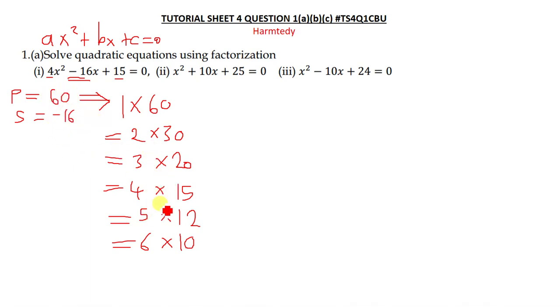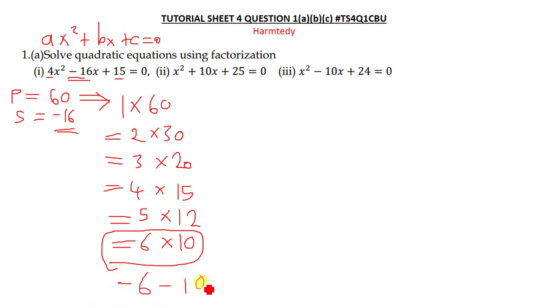So now find two numbers that when multiplied will give you 60, and when added will give you 16. Of course, from these numbers it's just this set. When you multiply 6 times 10, you get 60. When you add 6 plus 10, you get 16. Now if you want this 16 to be a negative number, you have to add a negative this side and a negative that side.